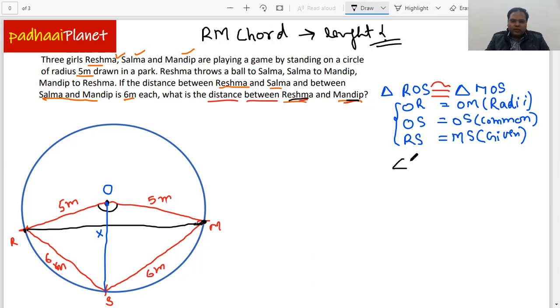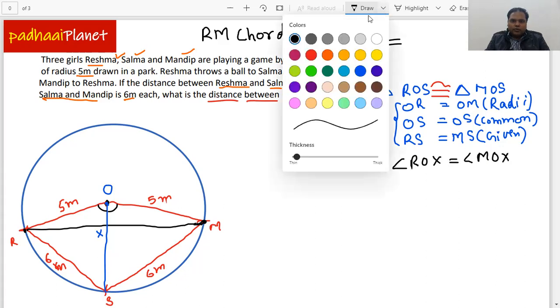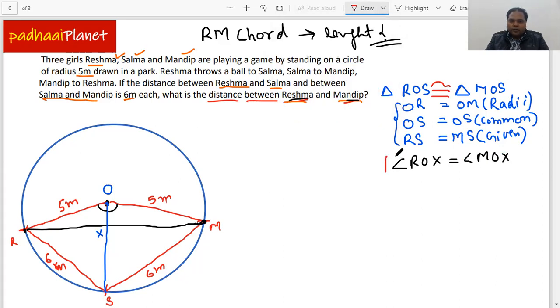Angle ROX is equal to angle MOX. This particular relationship is something which we are going to use as we solve this question further. So let's mark it.